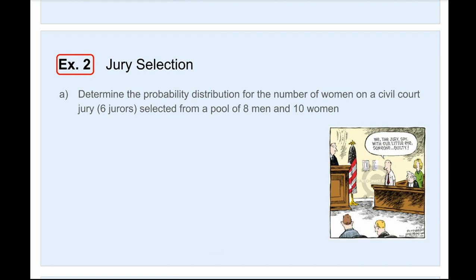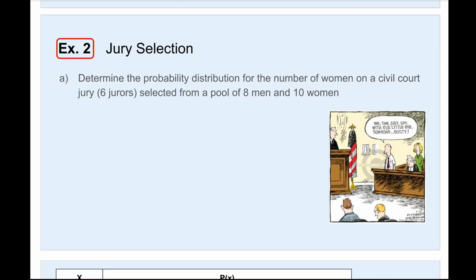So in our next example, or our last example, we're going to look at a jury selection. And again, we'll go through this in multiple ways. We'll start by coming up with the combinations or the formulas, and then we'll look at getting the actual calculations through Google Sheets.